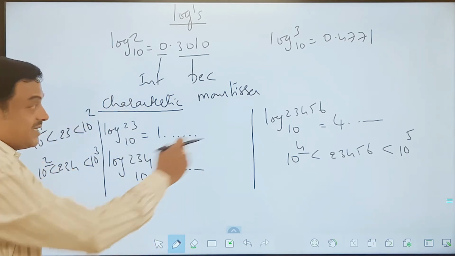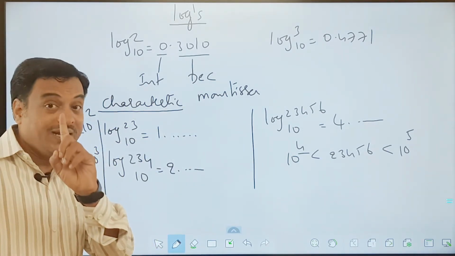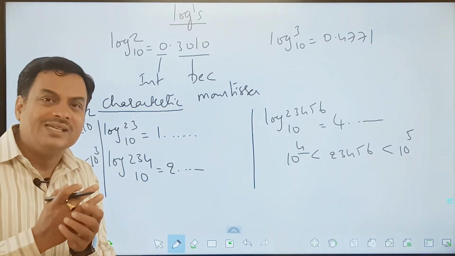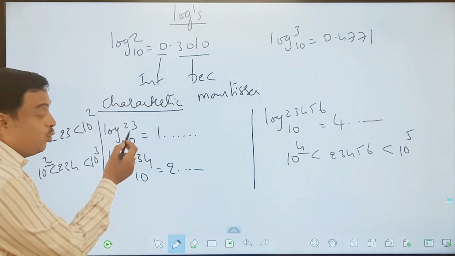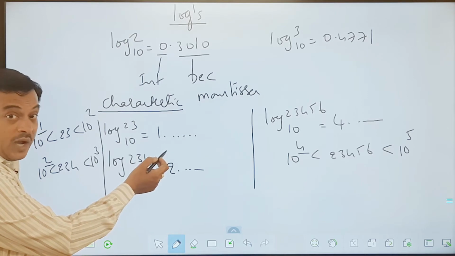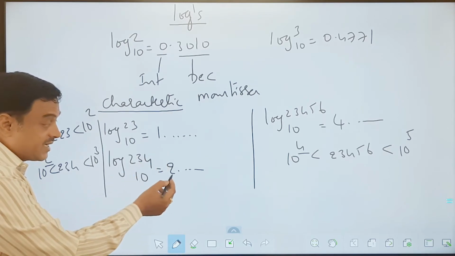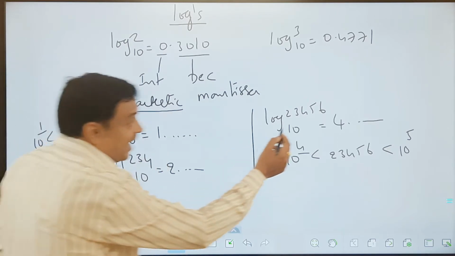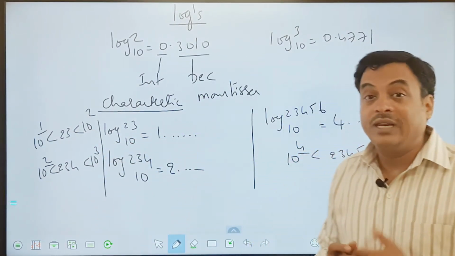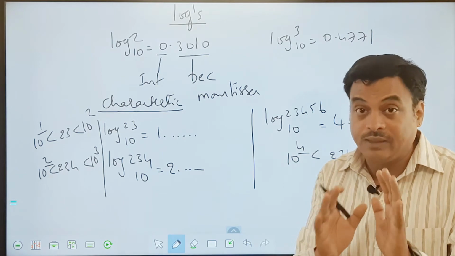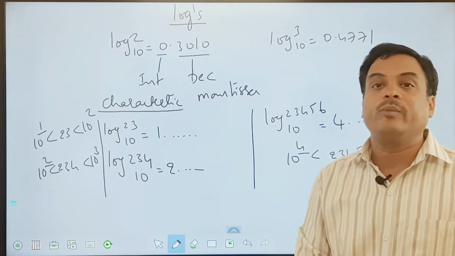Now from these three examples, we can make one more note point, which is very easy to remember and very important. When I have 2 digits, the characteristic value is 1. When I have 3 digits, it is 2. When I have 5 digits, it is 4. So how can the characteristic value be remembered here in common logarithms? Please remember, this is applicable only for common logarithms.